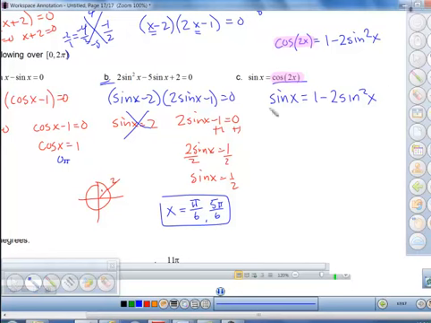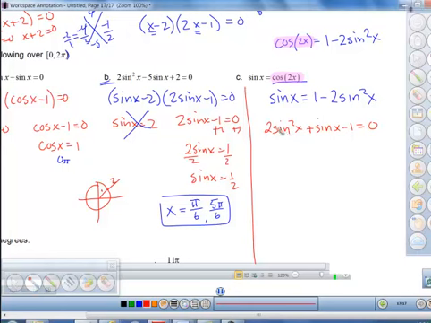So watch. If I move this over, then this is going to be 2 sine squared x, and then the sine x is still going to be there. It's positive. And then this 1's going to move over as being negative 1, and then nothing's going to be left over here, and I'll just be left with 0.